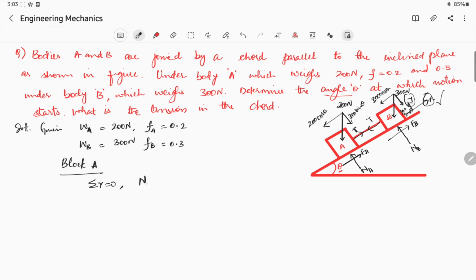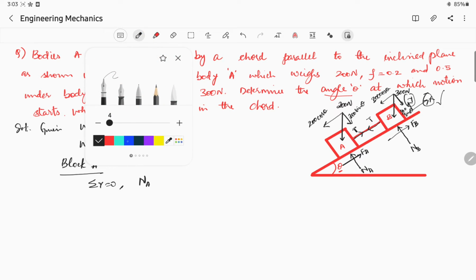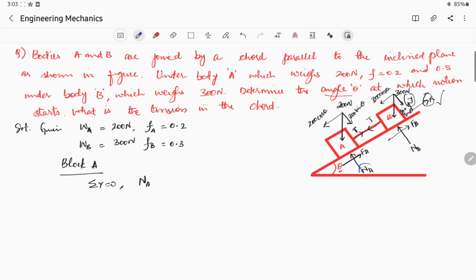NA is going in upward direction, and 200 sin theta is going in downward direction. So NA minus 200 sin theta is equal to 0. So NA is equal to 200 sin theta, right?